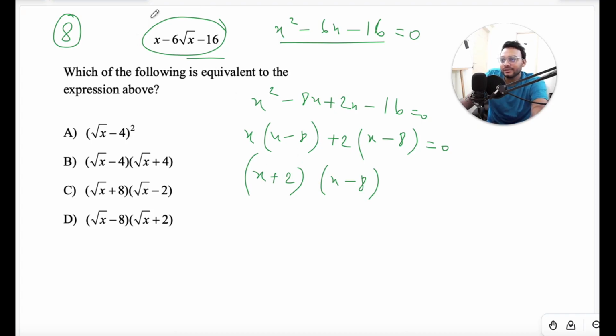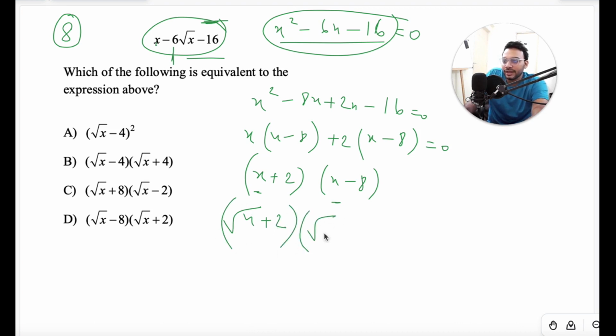So basically all x's in this expression represent root x corresponding to this expression, and the x squared represents x. So this x here, when converted for the first equation, will become root x plus 2 times root x minus 8. So root x plus 2, root x minus 8. This is the answer, option D.